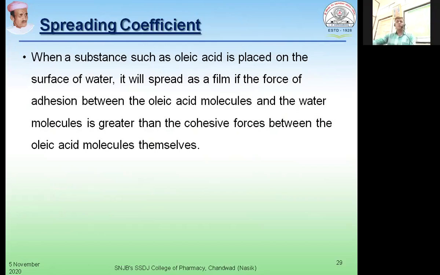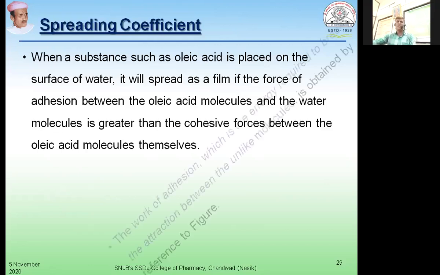If it is not so, then the added material will never be able to form a film onto the surface of sublayer liquid.